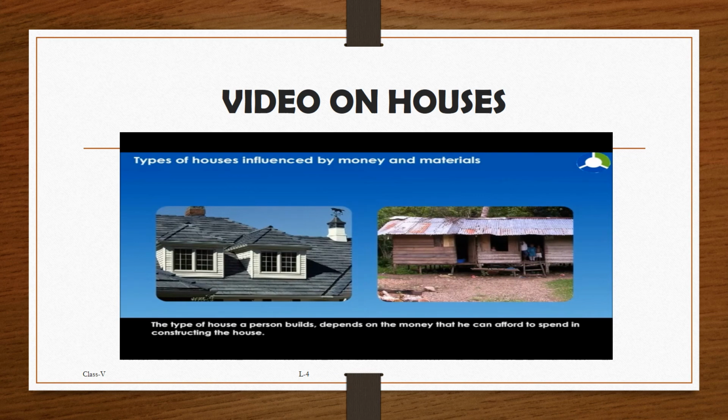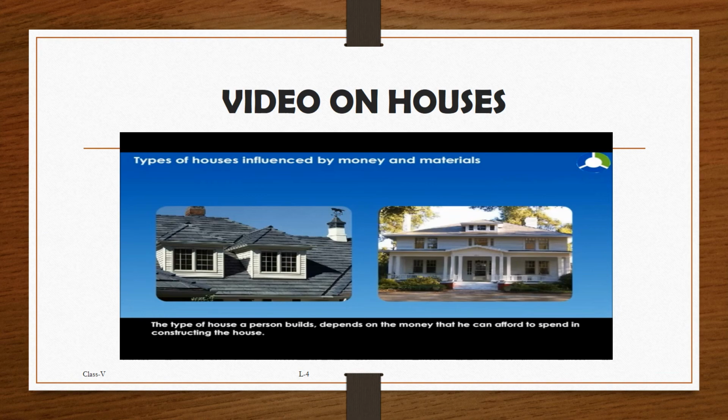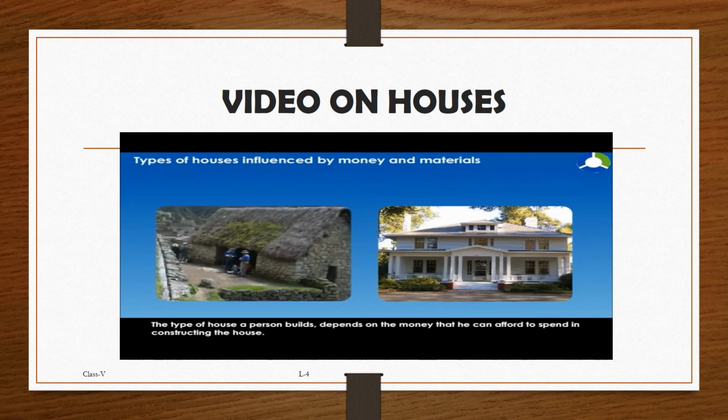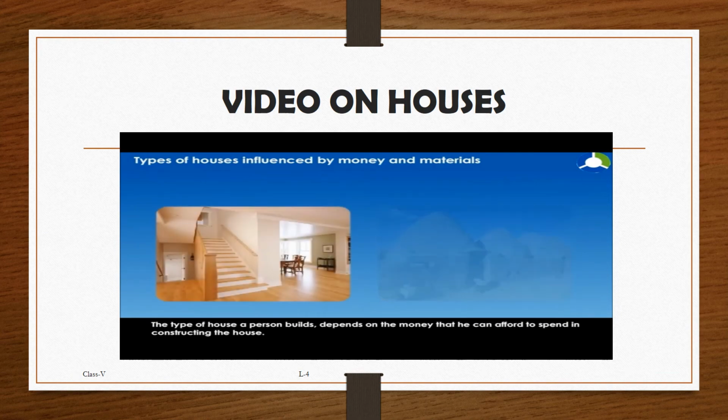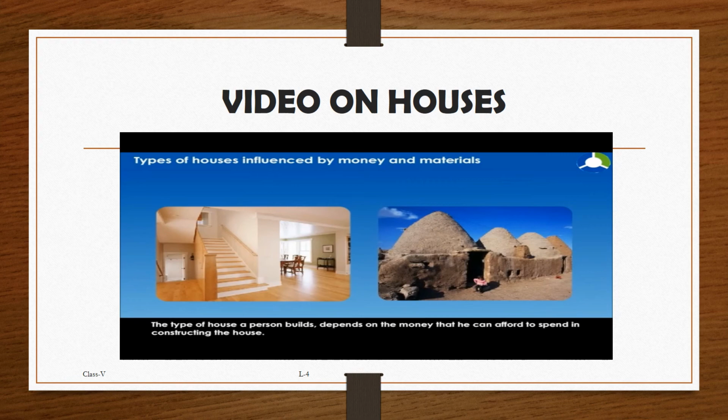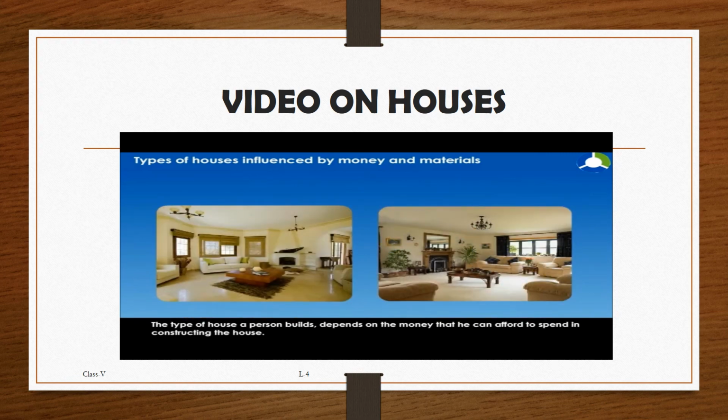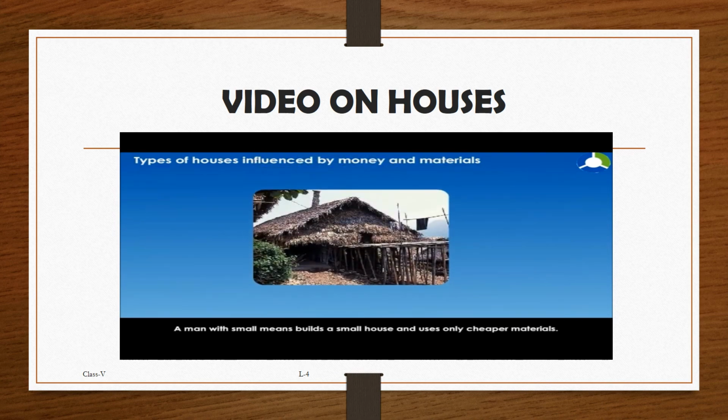The type of house a person builds depends on the money that he can afford to spend in constructing the house. A man with small means builds a small house and uses only cheaper materials.